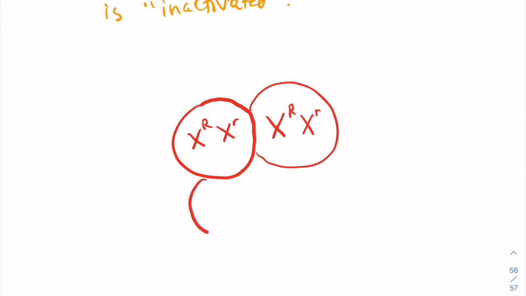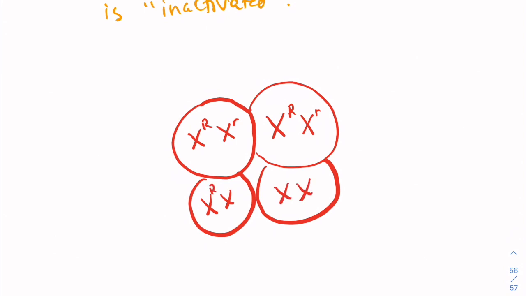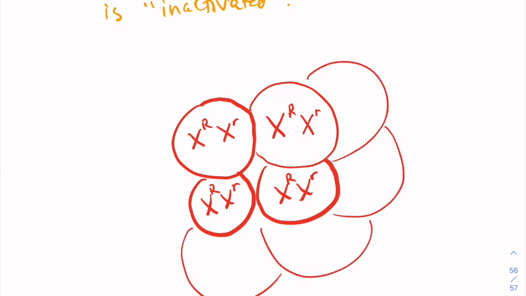And when these cells divide, you'll have 4 cells, and in all of these cells one X chromosome will have a dominant allele and one will have a recessive. And then these will divide into 8 cells. You get how this works. 1, 2, 3, 4, 5, 6, 7, 8.